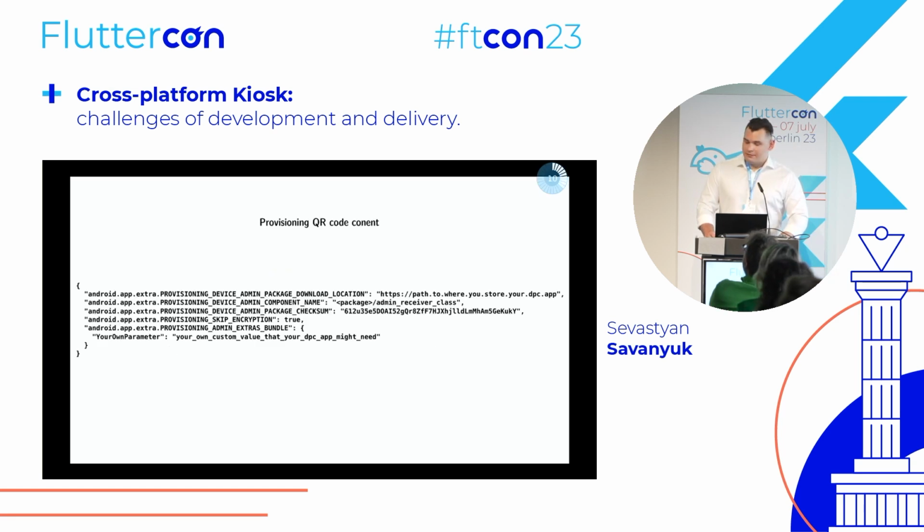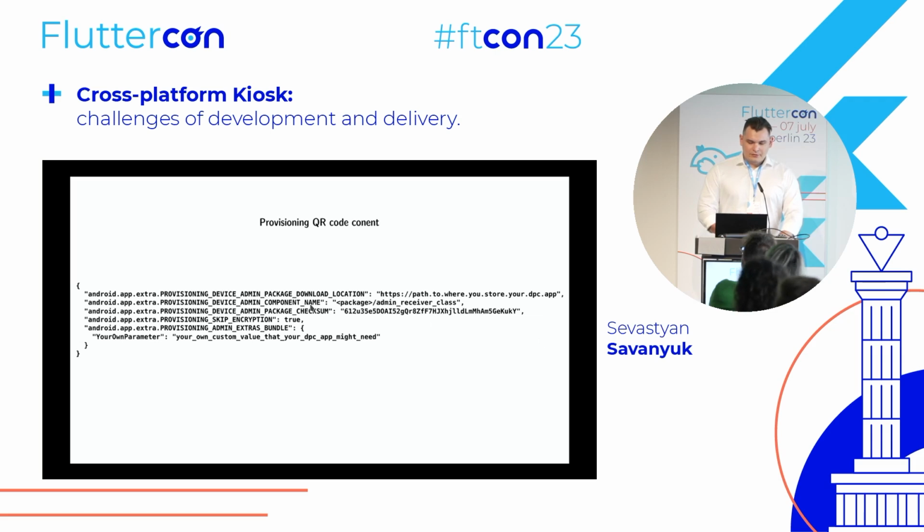So this is the content of a QR code that we use. The first property, the package download location, is basically the URL where your app resides on the internet. So it's not like you have to publish your application on Google Play. You can just put it on your own server and serve from there.